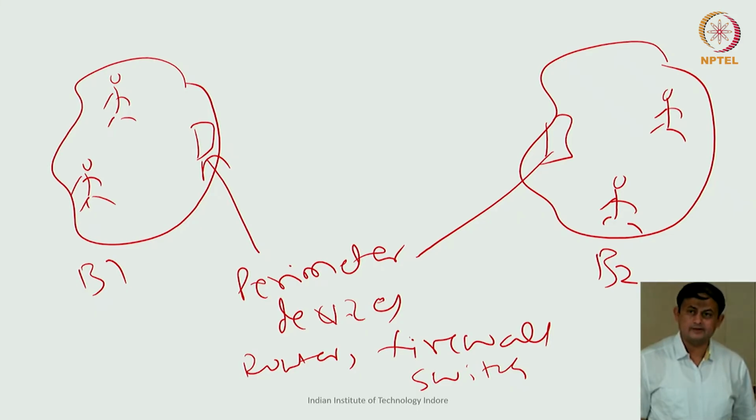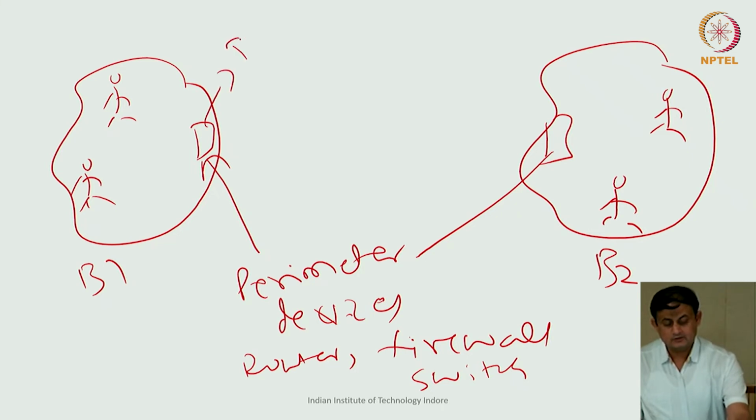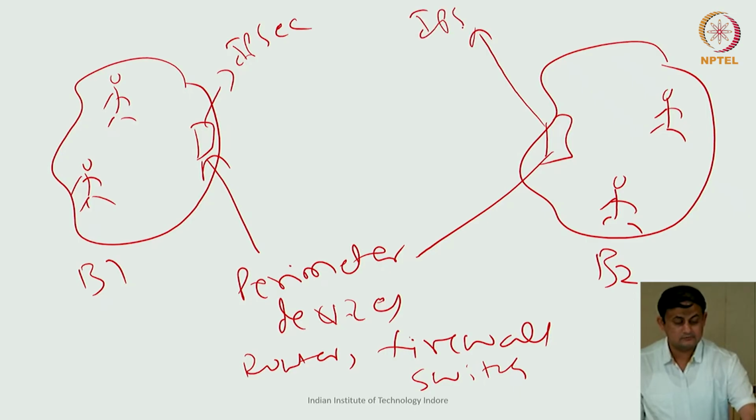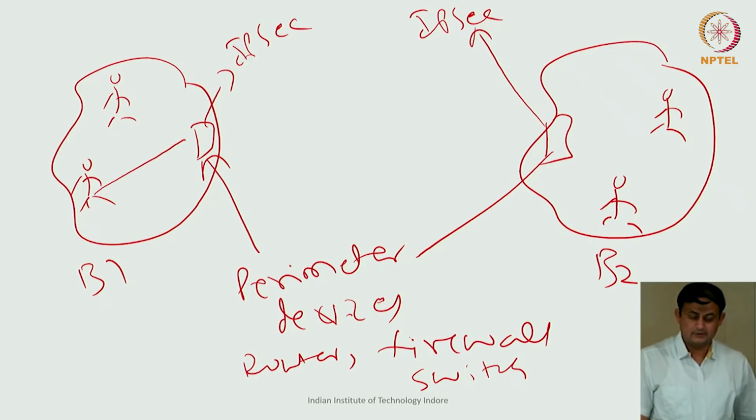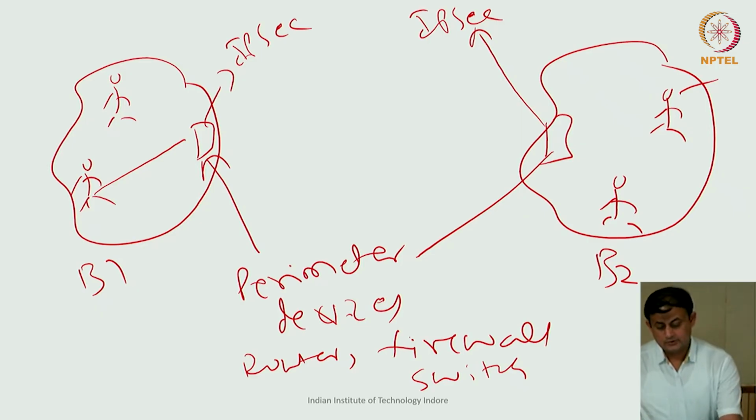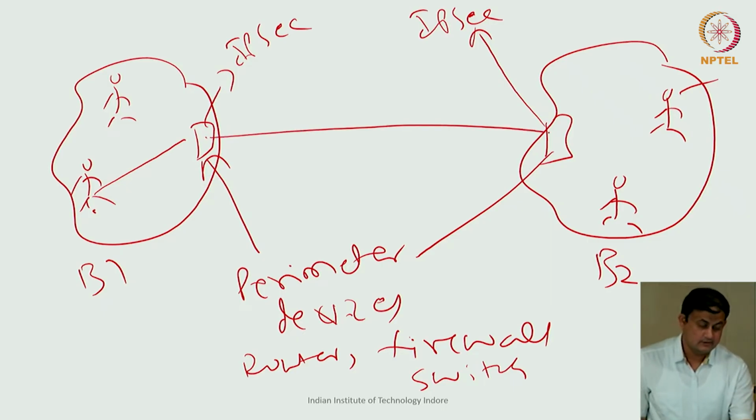So it can appear in any of its formats. So you implement the IPSec feature at these middle boxes. Meaning, if a user from here sends a packet to this perimeter security device, and it is for consumption by a user located in the other branch office, then without the user in branch 1 knowing, the middle box here adds the required security and transfers that packet to this place.